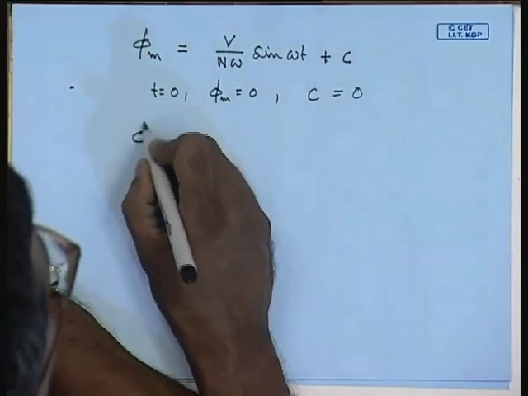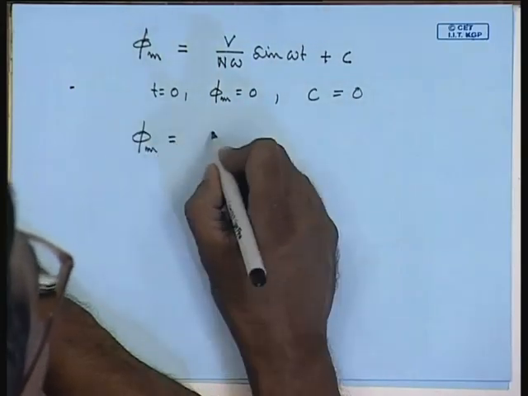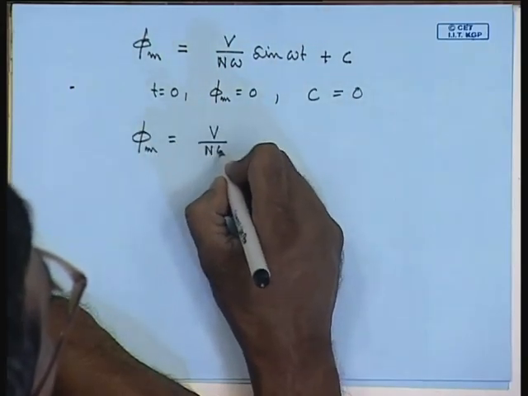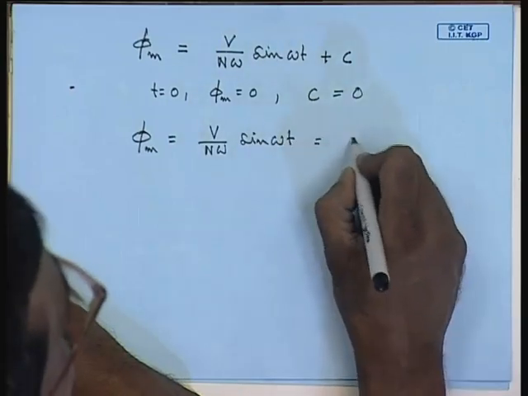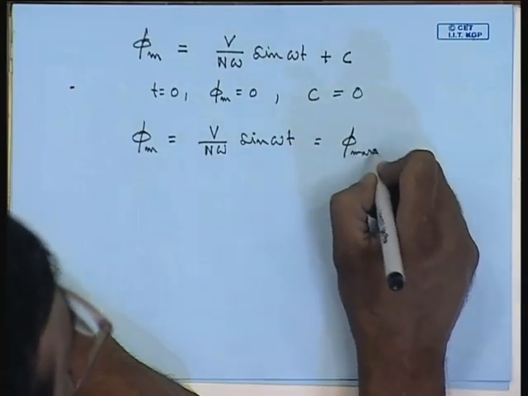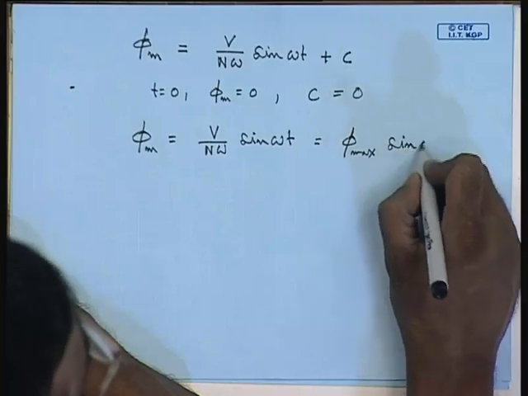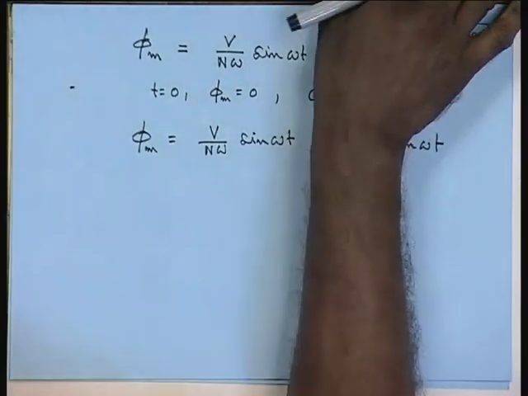Hence the phi m waveform would have been equal to V by N omega sin omega t, equal to phi max sin omega t, and there would not have been any inrush phenomenon.